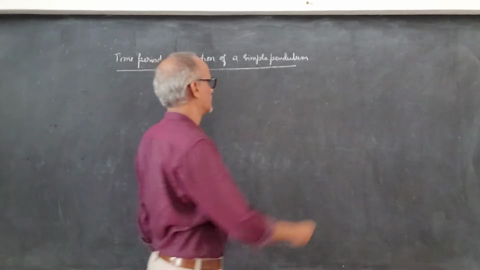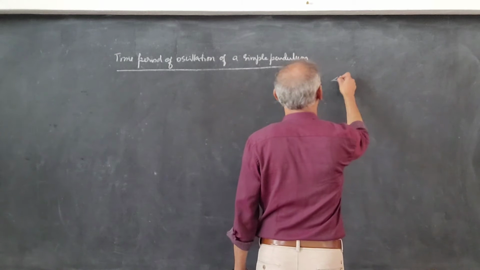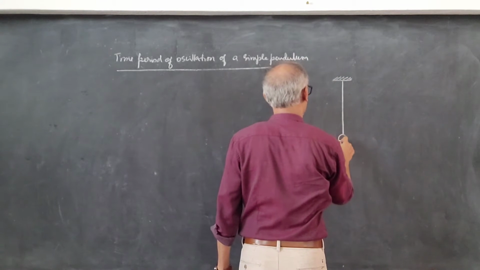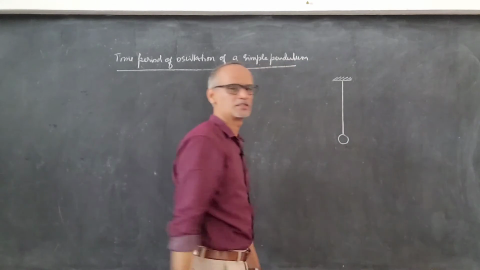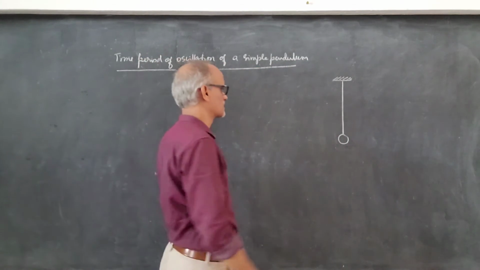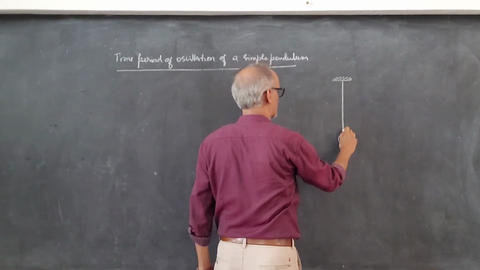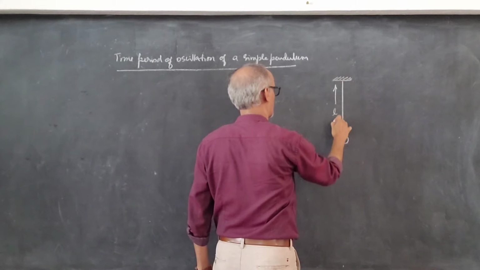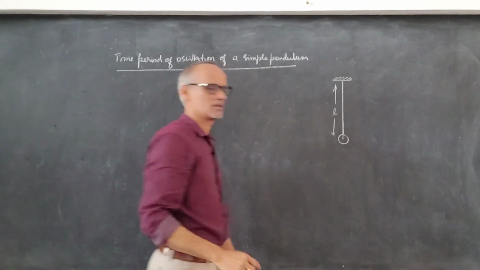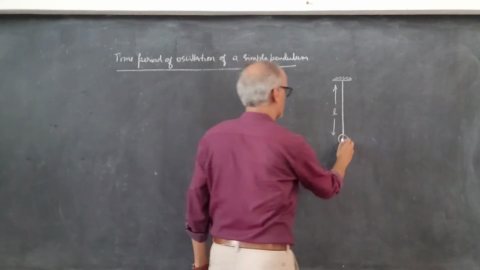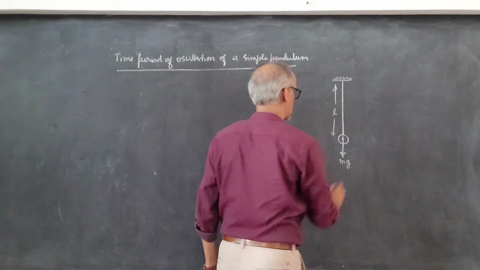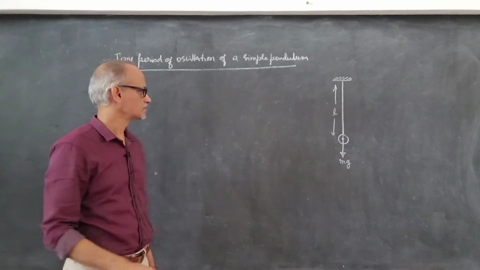So we are going to consider a simple pendulum, a pendulum bob, which is suspended by a string of length L. This bob has a mass, and so its weight is mg, which acts in the downward direction.